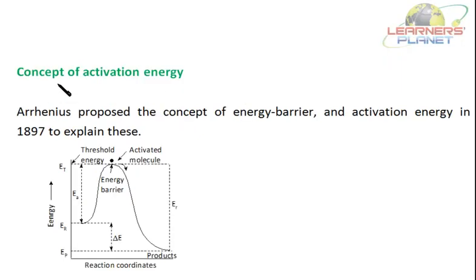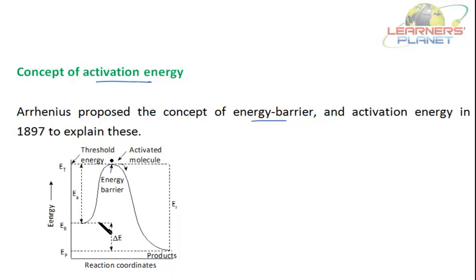Now this is the concept of activation energy. Arrhenius proposed the concept of the energy barrier and the activation energy to explain how the rate of reaction is doubled. See, this is the energy axis, the reactants, the products and the threshold energy, and this is the reaction coordinate.